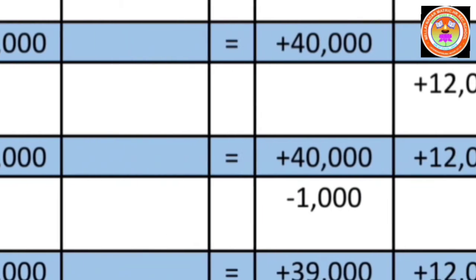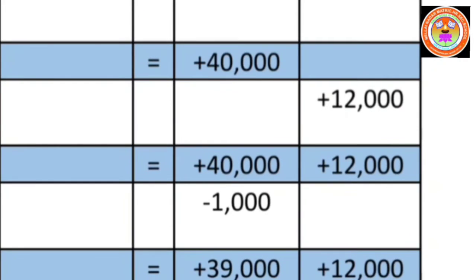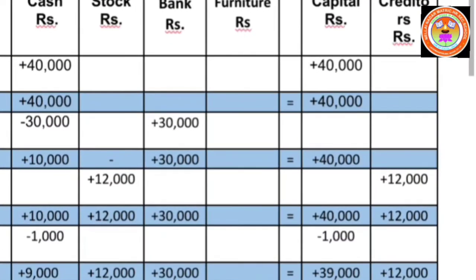Then if we do credit purchase, one of our liabilities named creditors will increase. Who are creditors? The persons to whom the business is liable to pay the money are known as creditors.